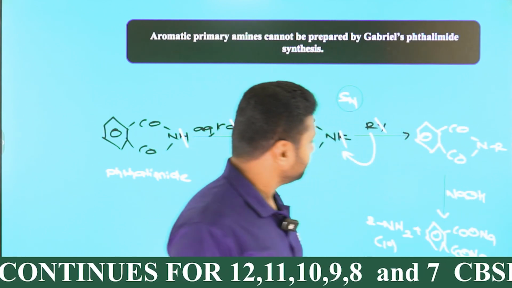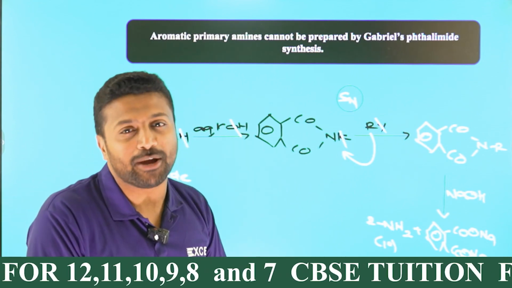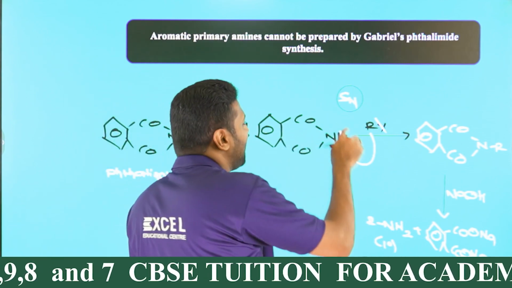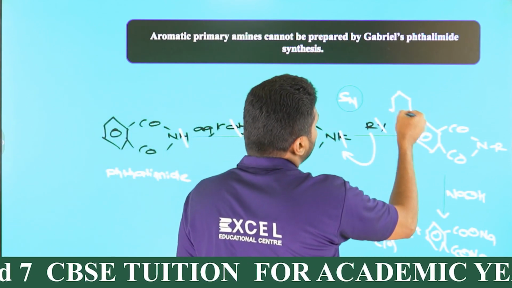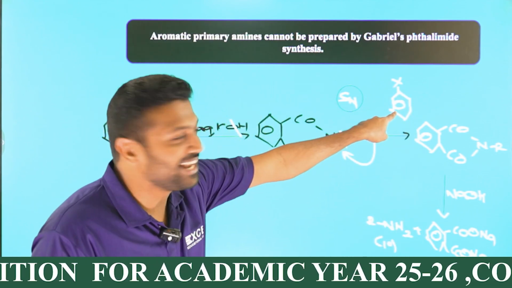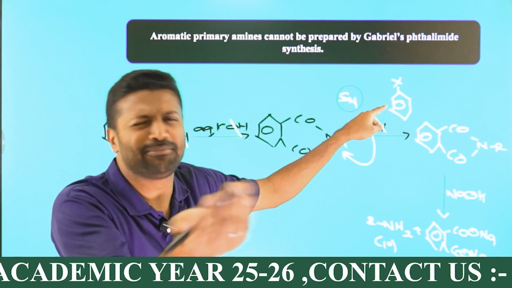My question for you, through these reactions, we cannot prepare aromatic primary amine. Why? If you want to prepare aromatic primary amine, instead of RX we'll be using aryl halide, benzene ring with X. But unfortunately, this aryl halide won't undergo SN reaction. You know this reason, right? Because of partial double bond, right?